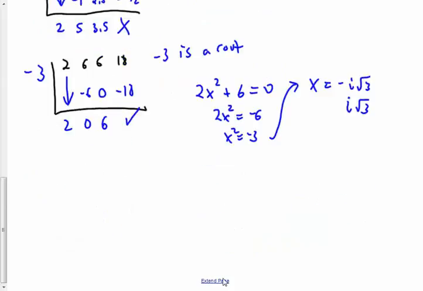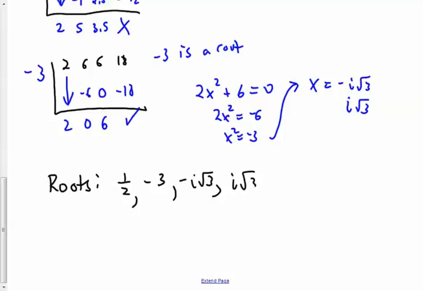Again, our original polynomial was degree 4. We found 4 roots. So the roots to the original expression, we found first the 1/2, then we found the negative 3, we found the negative i times the square root of 3, and we found positive i times the square root of 3. And we know each of those have multiplicity 1.